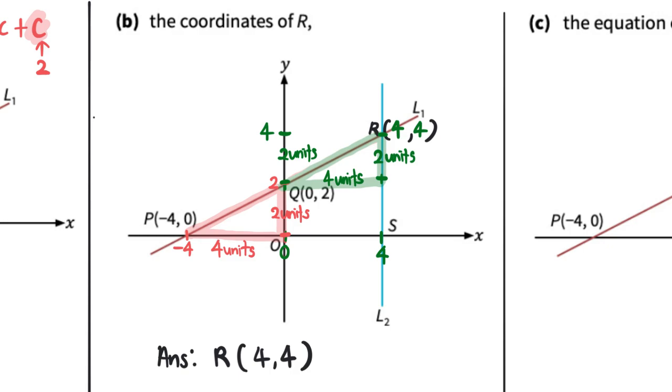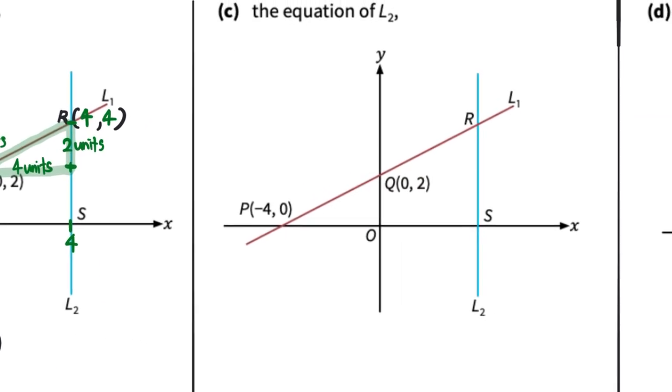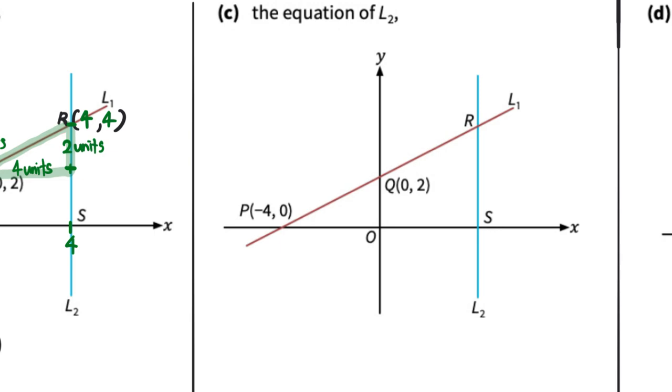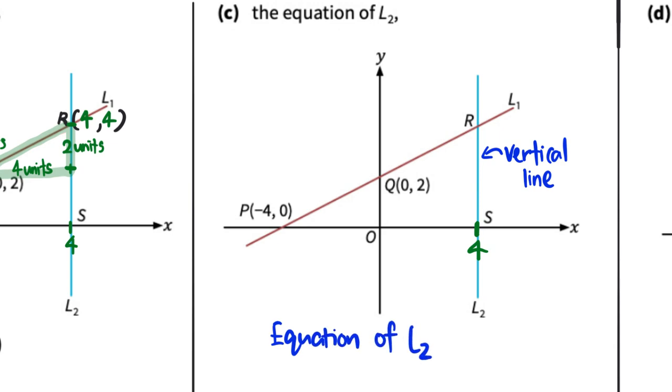For part C, now that we know the coordinates of R, and this point here is 4, and being a vertical line, the equation of the line is pretty straightforward now, because for all vertical lines, all the coordinates are x equal to, in this case, 4.